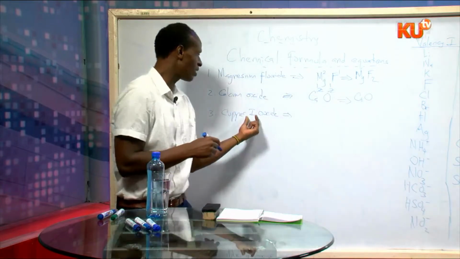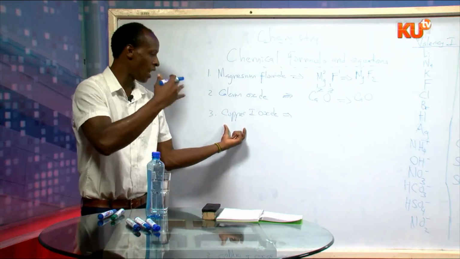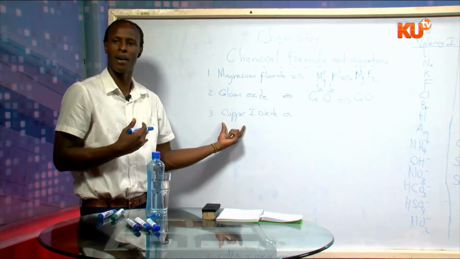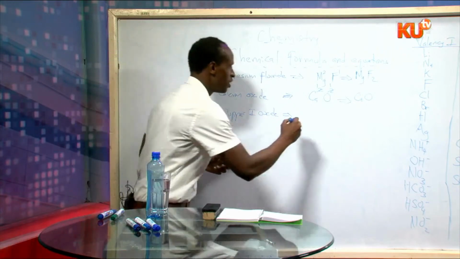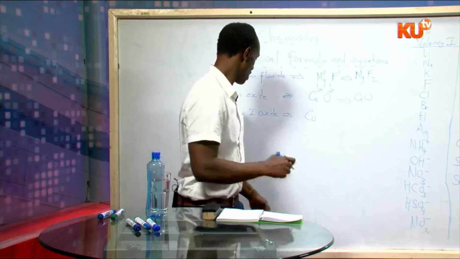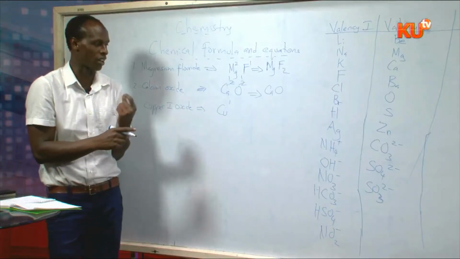So if the name has a Roman number in between, it tells you the valency of the element which was coming before it. So this one is the valency of copper. The symbol of copper is Cu, and its valency we have been told is 1 because the compound is called copper 1 oxide.